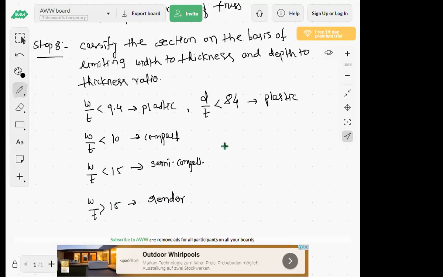So these are the 4 classifications we have seen for flange and web in unit number 6, design of beam. Similarly here we have to classify the angle section for width and depth of the section, and those classifications are plastic, compact, semi-compact, and slender. So write down these classifications for angle.